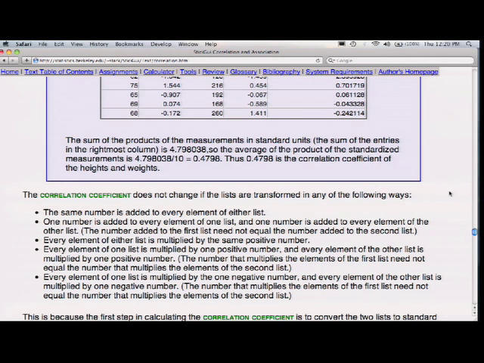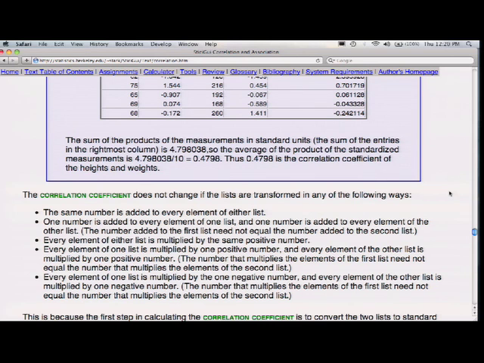I'm just adding x bar to itself n times. What happens if I add x bar to itself n times? I get n times x bar, right? Okay, so this sum is just n times x bar. So far, so good? Okay.